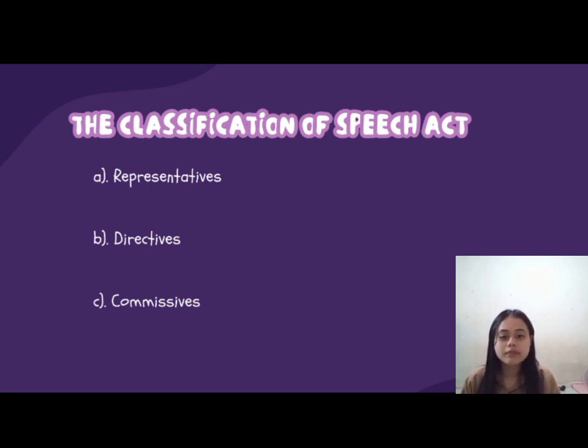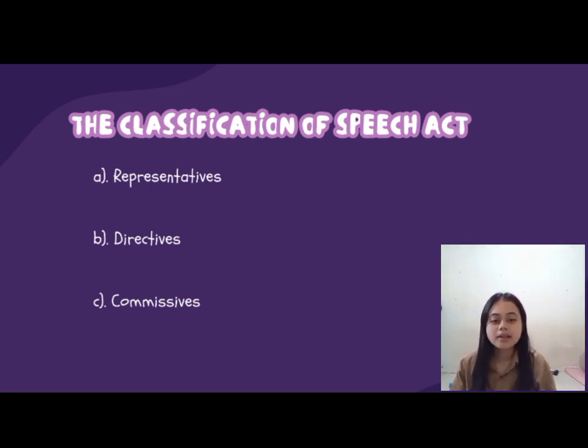Some types of speech act include request, question, commands, order, and suggestions. For example, in the sentence, "Can you lend me a ball, please?" The speech describes the speaker asking the listener to do something, namely lending a ball for the speaker to use.